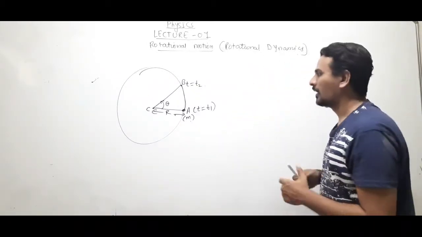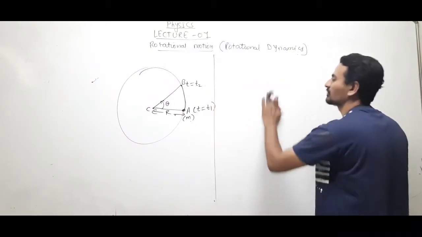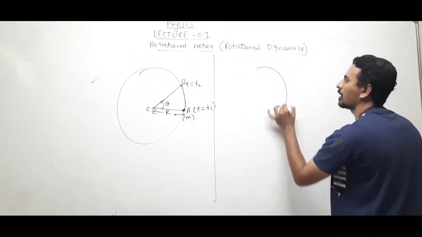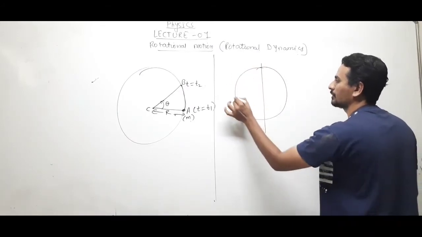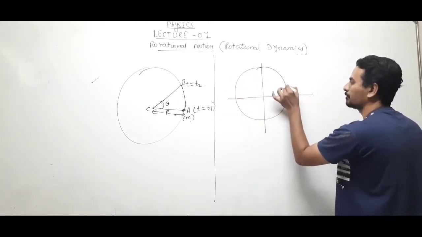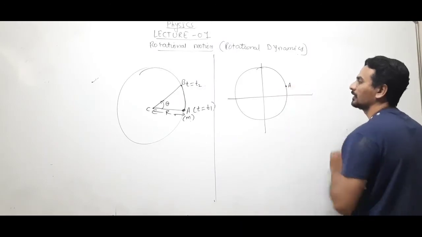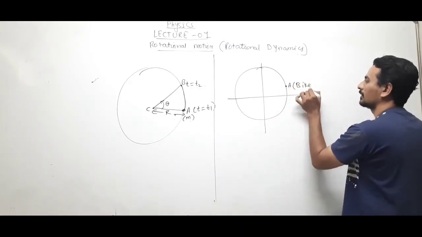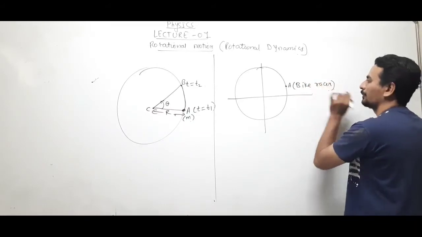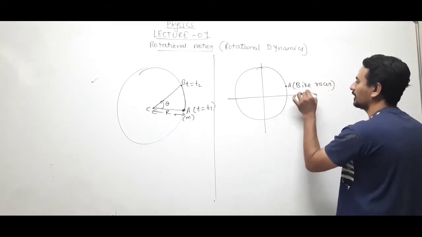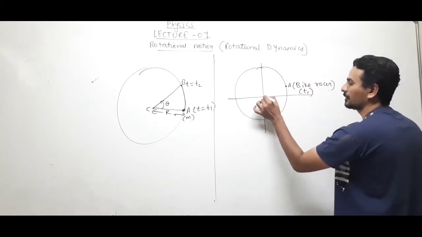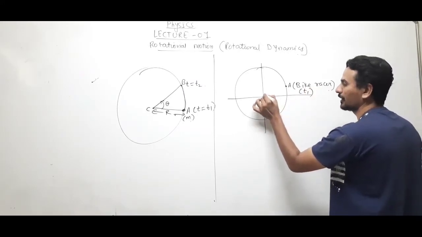Let us understand it mathematically. Suppose the particle, or let's say the bike racer, is here at time t1.